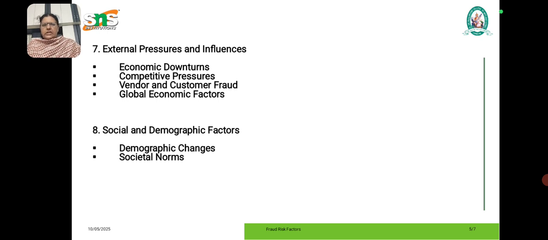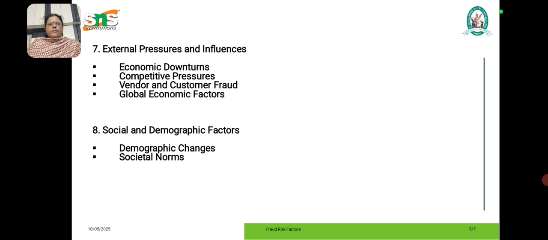And then social and demographic factors. Changes in the demographic profile of the workforce may impact the organization's risk landscape. And then sectoral norms: sectoral norms and attitudes towards fraud may influence individual behavior within the organization. So legal and regulatory factors, that is complex regulations and an ineffective legal system.